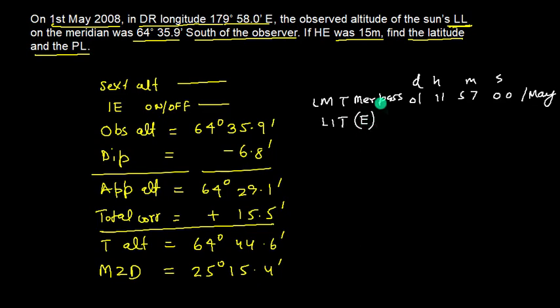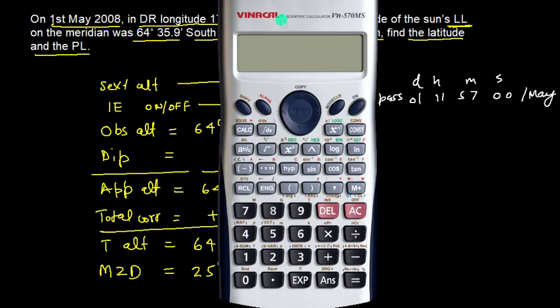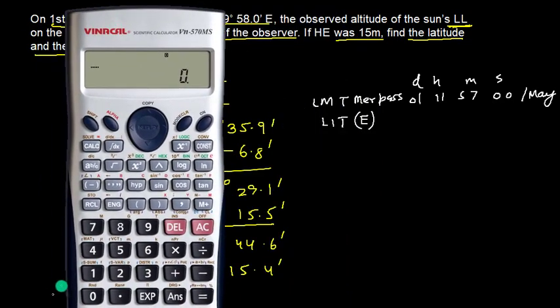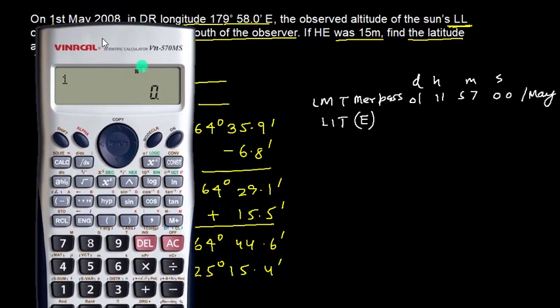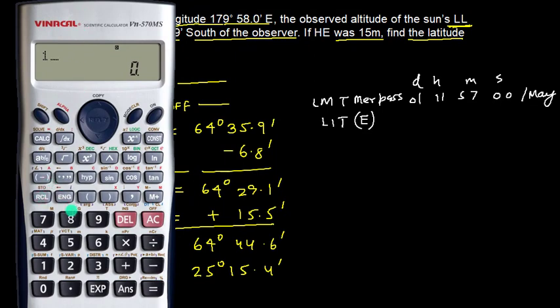So, for obtaining longitude in time, I just use the calculator. 179 degrees and 58 minutes divided by 15. So, we get 11 hours 59 minutes 52 seconds.